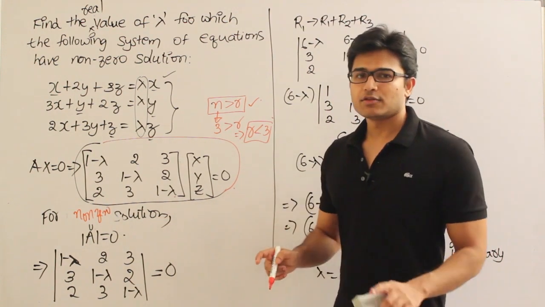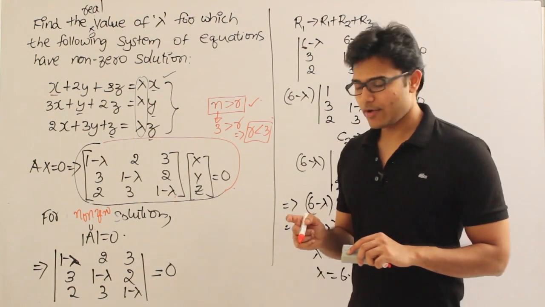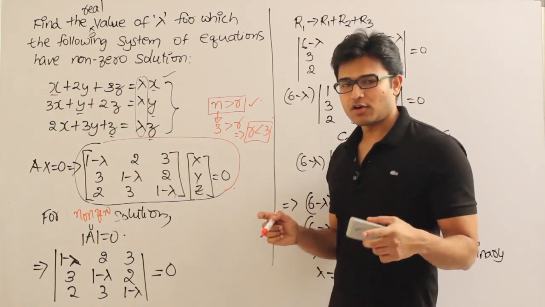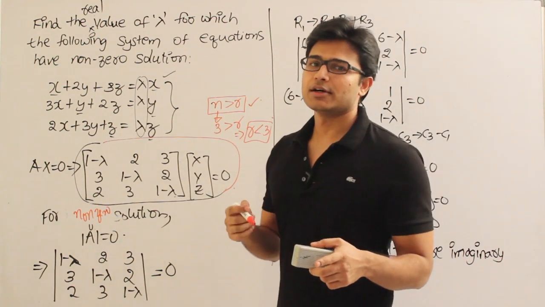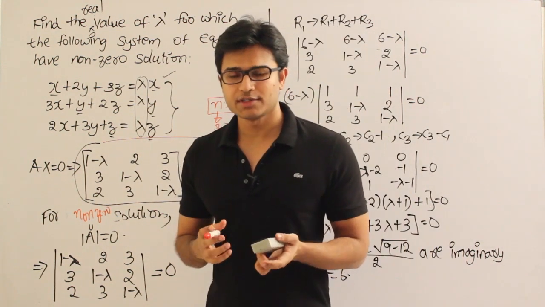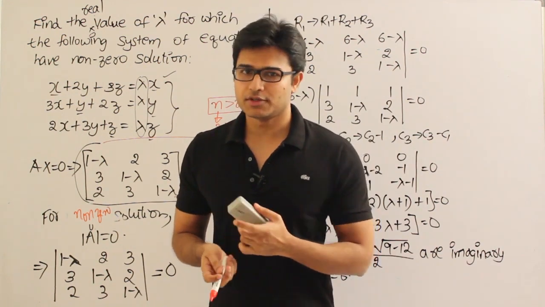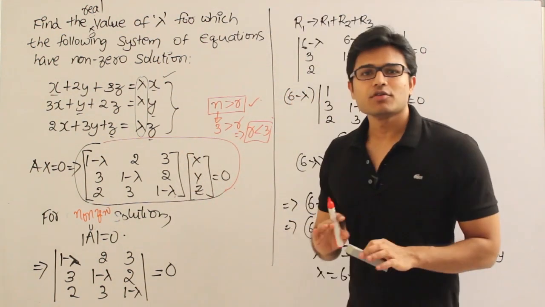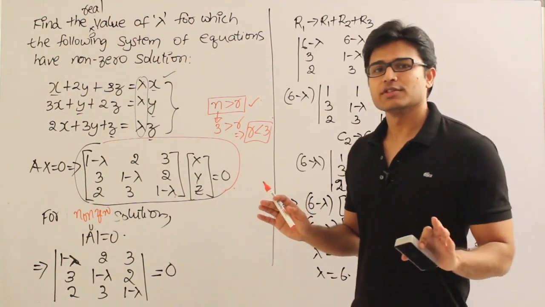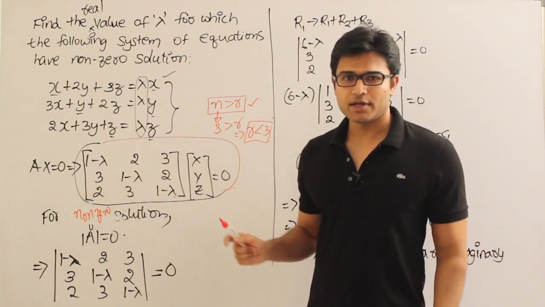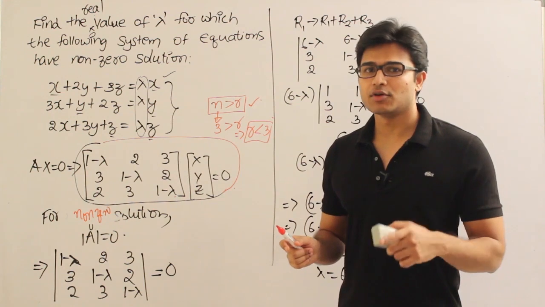One more thing: till now, while solving the equations, we have been applying only row transformations, because at the end I wanted to solve the equations. But here I don't want to solve the equations. I just want to see for what values of lambda the determinant is equal to 0.